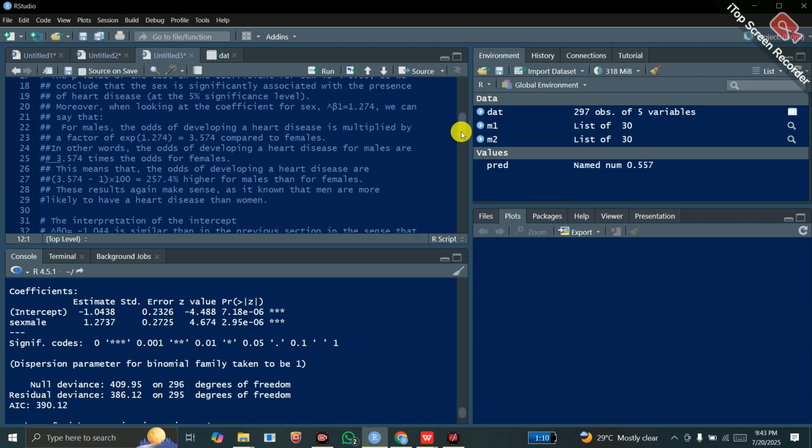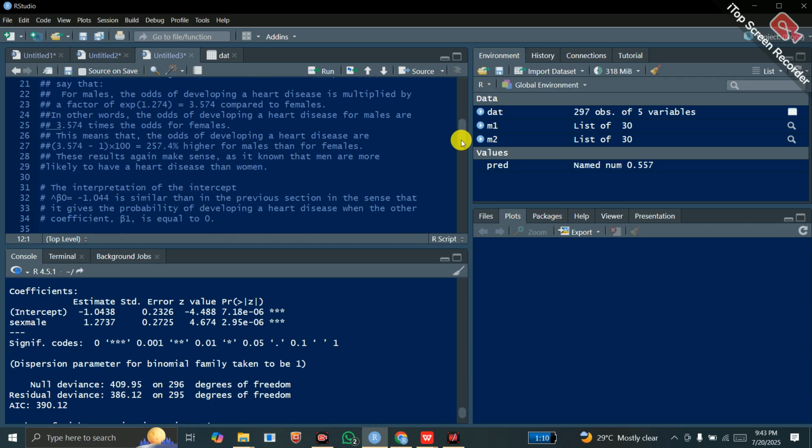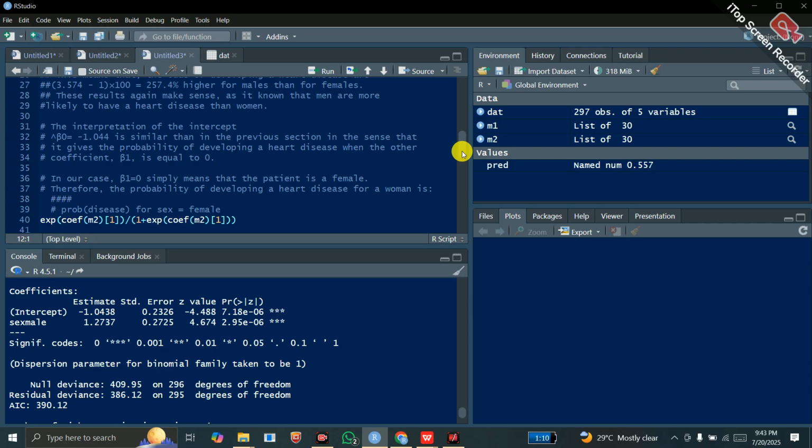These results again make sense, as it is known that men are more likely to develop a heart disease as compared to women. The interpretation of the intercept, that is beta naught hat, equal to minus 1.044, is similar to the previous section in the sense that it gives the log odds of developing a heart disease when the other coefficient beta 1 is equal to 0.